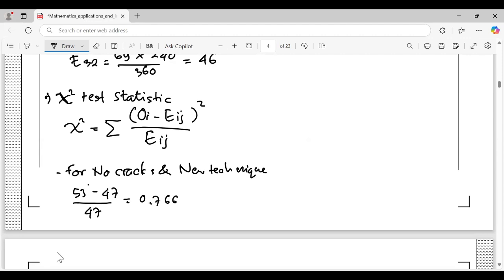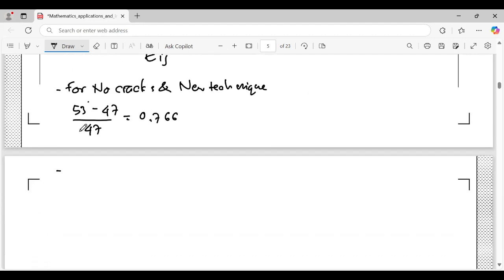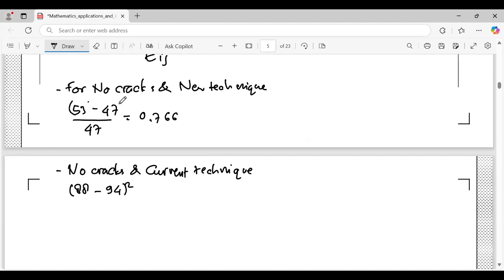After that, for no cracks and current technique, that is 88 minus 94 squared, divided by 94, which is 0.383.